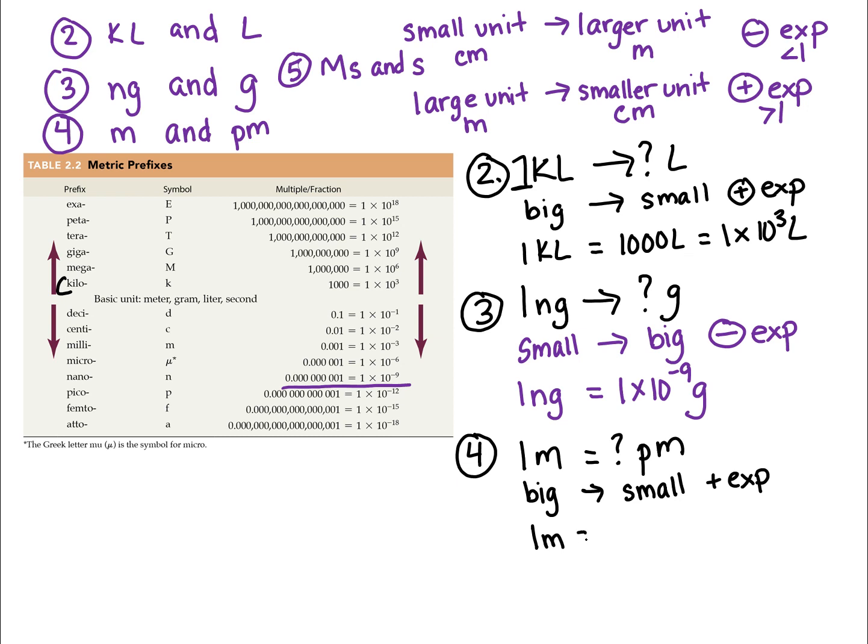This one you can, again, literally read it off the chart. 1 meter is equal to, and you go say, okay, 1 times 10 to the 12th, and it should be positive. So that number you get from the chart, but whether or not it's a positive or negative exponent, you figure that out based on whether you're going from big to small or small to big.